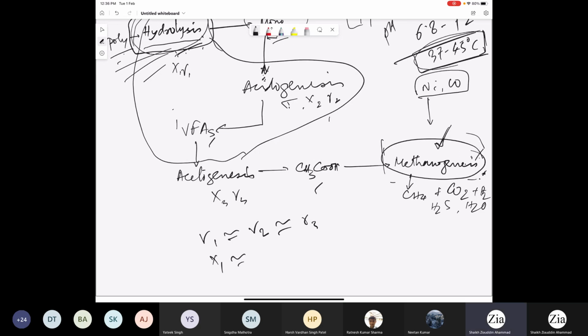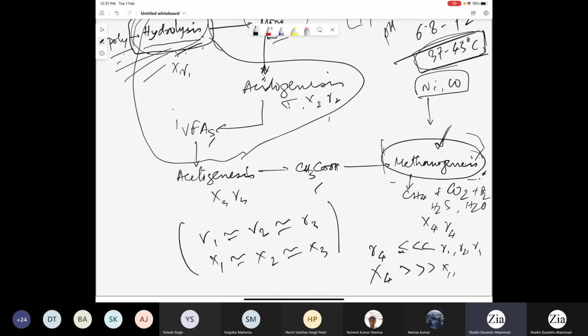So if X1 is similar to X2 and X3, it is fine, and you will get a substantial amount of conversion. Now here it is X4 and R4. We all know that R4 is much slower than R1, R2, or R3. To compensate for that, you have to have a sufficient amount of X4, much higher than X1, X2, or X3, so the overall conversion will be comparable.